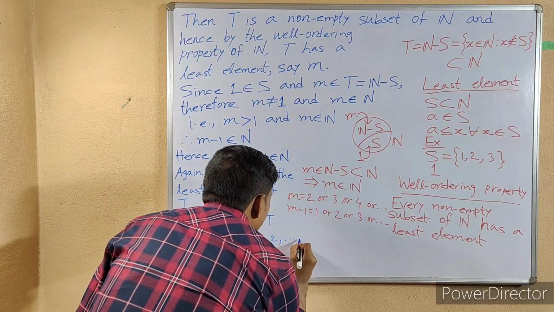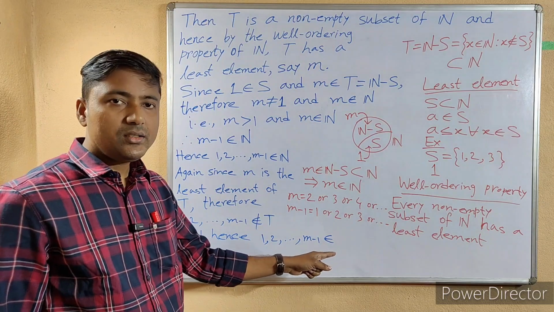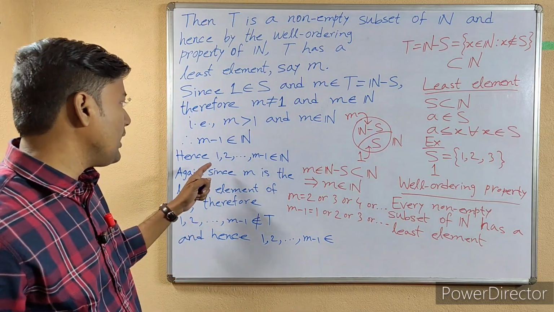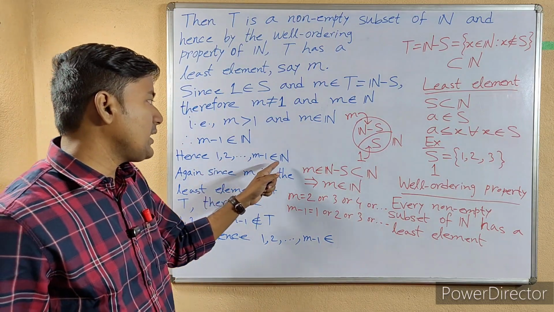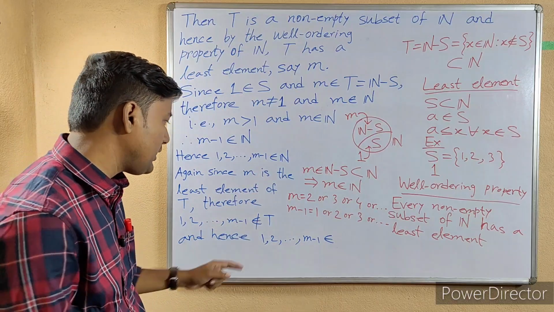1, 2, ..., m minus 1 belongs to, what can we write here? We have 1, 2, ..., m minus 1 belongs to N, but does not belong to T, equal to what?